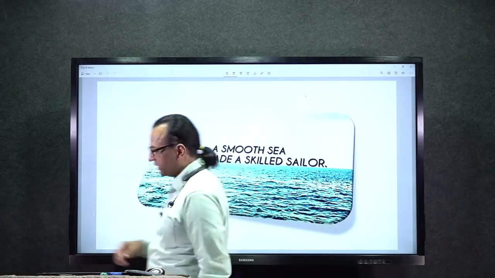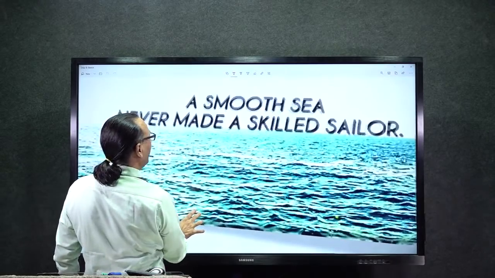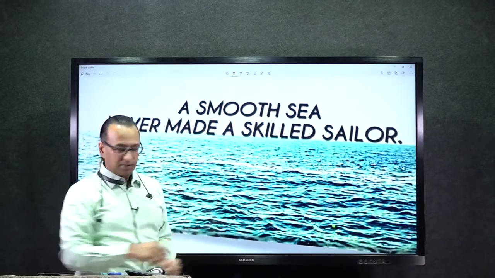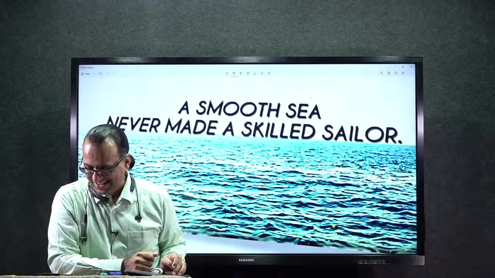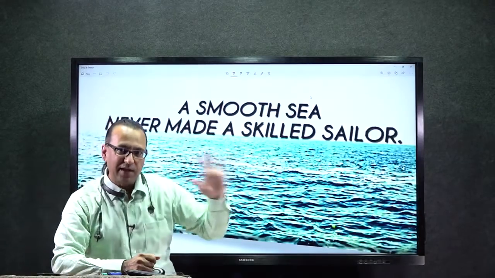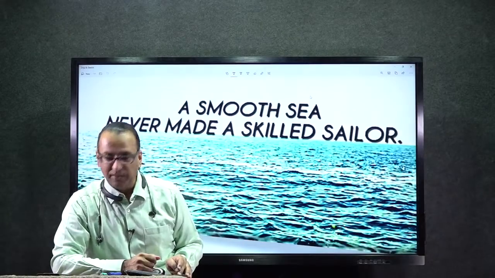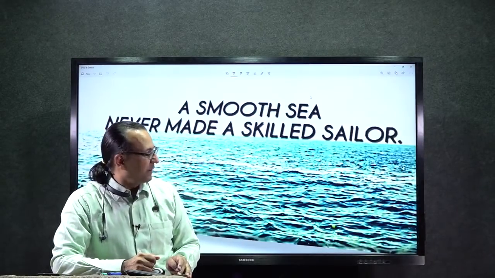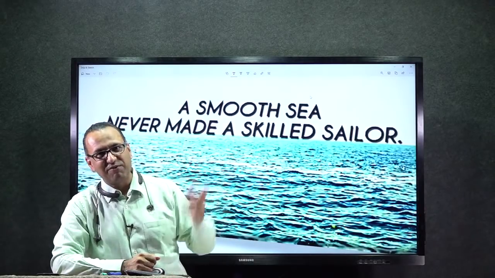A smooth sea will never make a skilled sailor. If you want to become a skilled sailor like China, South Sea, they are the people who will be fighting with anybody and everybody. I used to think that only North Korea does that, but now this Xi Jinping, the president of China, they are fighting with everybody.